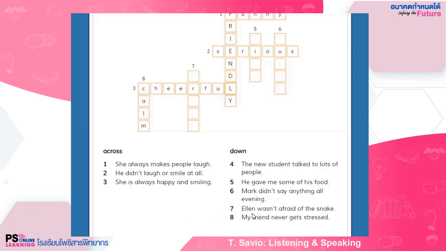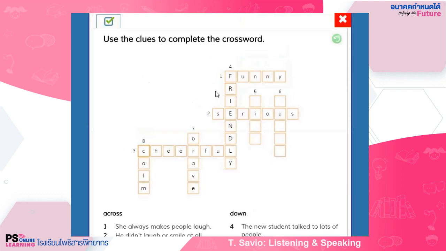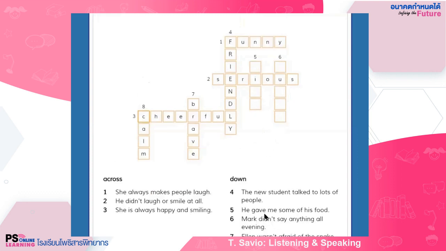Number 7 down. Ellen wasn't afraid of the snake. So Ellen was brave. Number 5 down. He gave me some of his food.